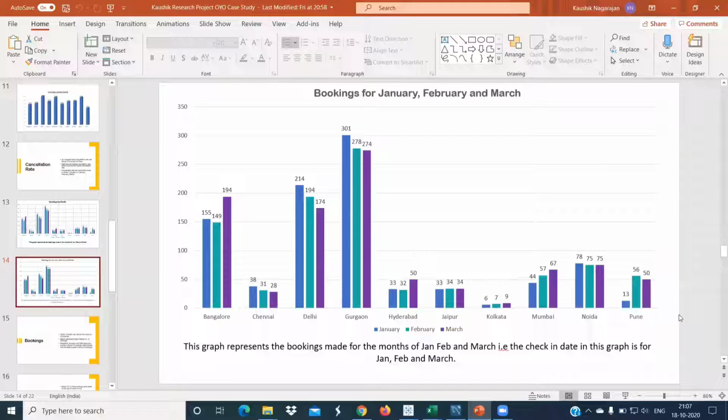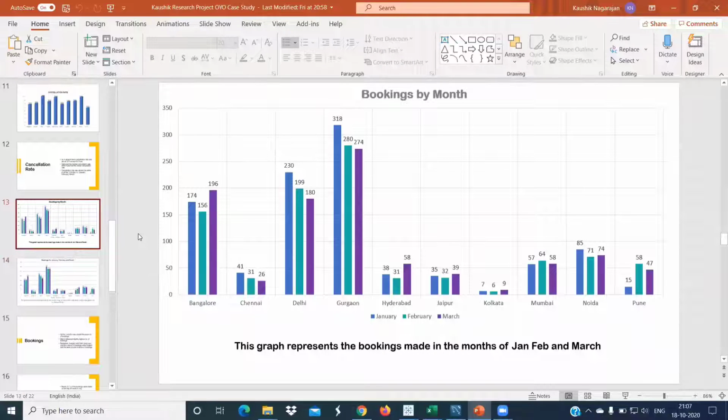From the bookings shown in this graph, these bookings are such that the check-in date is either in the month of January, February and March, which means the check-in date could be from January 1st, 2017, latest till 31st March 2017 only. It will not be later than 31st March 2017. Whereas the previous graph would involve even the bookings made for dates after 31st March 2017.